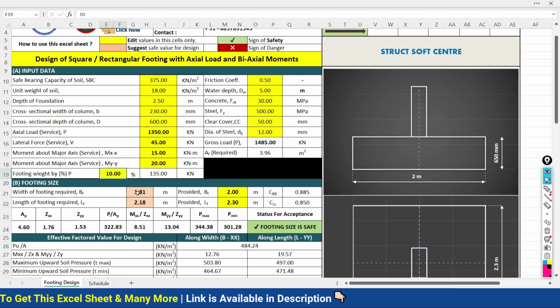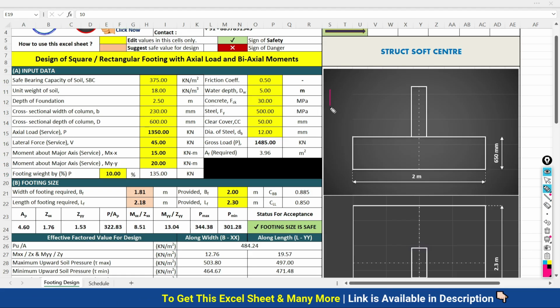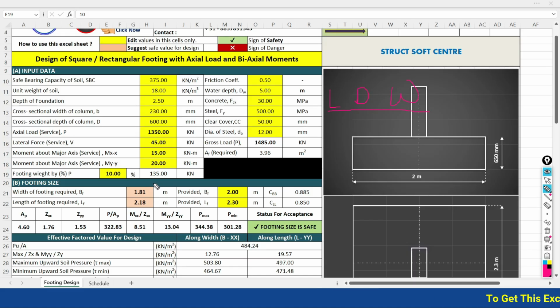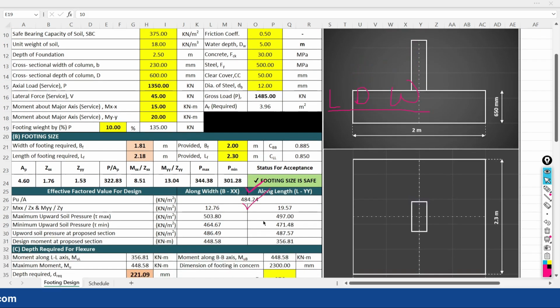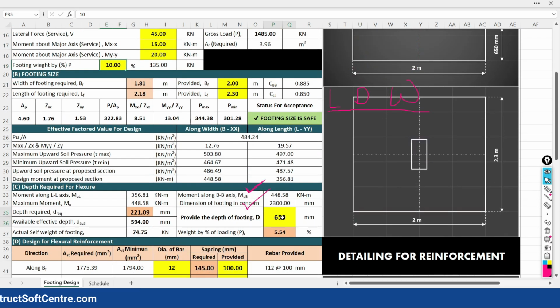To know the weight of the foundation, we need the length, depth and width of the foundation. If you have these three things, then only you can calculate the actual self weight of the footing. But once you have decided the width, the length and the depth as well, then you can calculate the self weight of the footing.